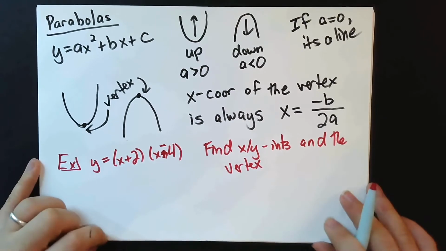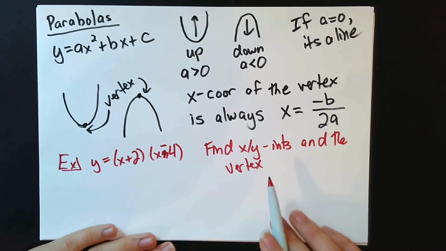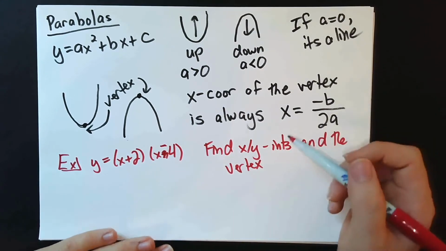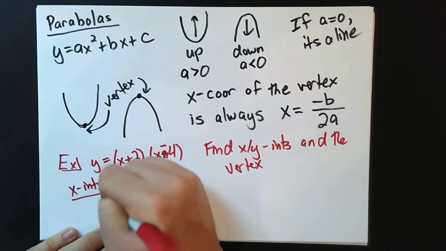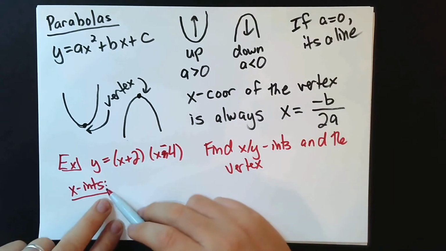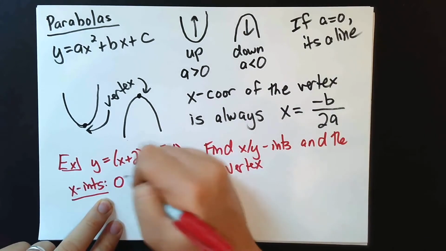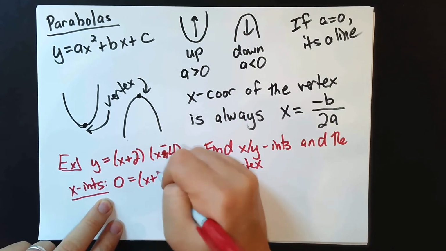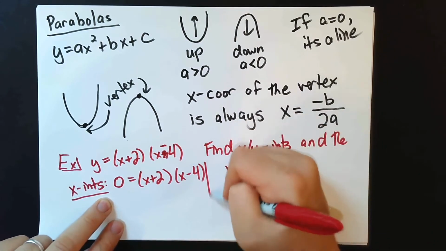Okay, so if we do that, let's go ahead and find, let's say, x-intercepts first. So I find x-intercepts by looking where the output is 0. That is where y is 0. So I'll get 0 is x plus 2 times x minus 4. And I need to solve this equation.